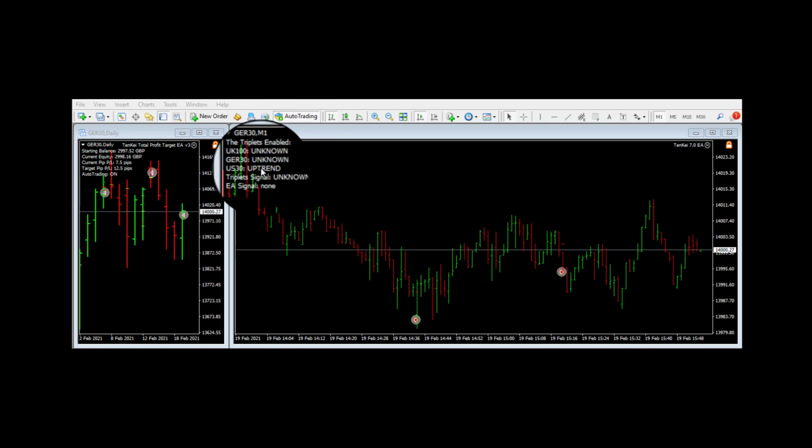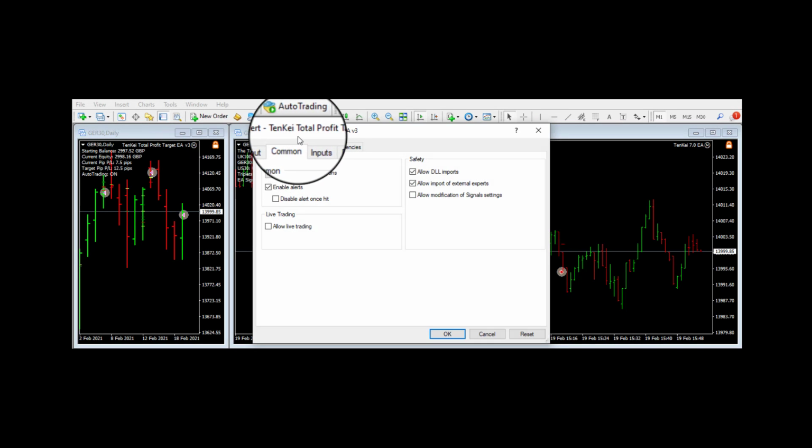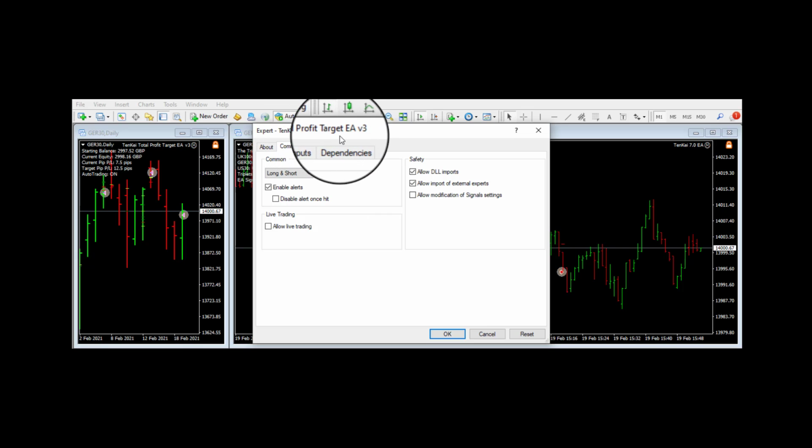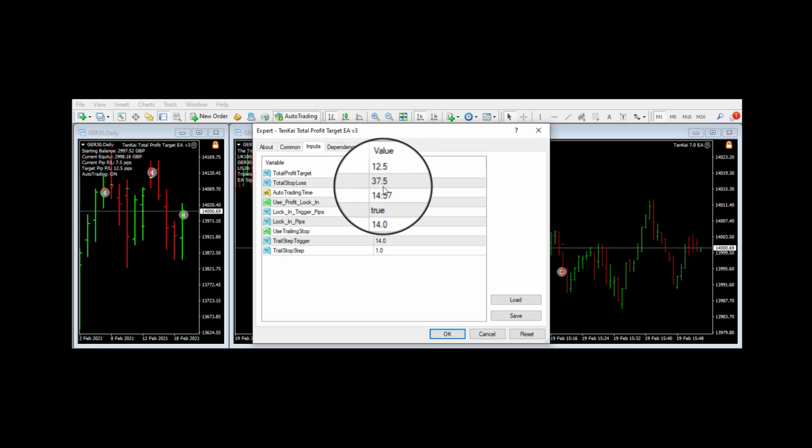So just jumping back into this again: when you are using the TenKei TPT, Total Profit Target, where you have your figures in here, set for a particular time. And in part 2, I showed you how to set it to start at 14:57.